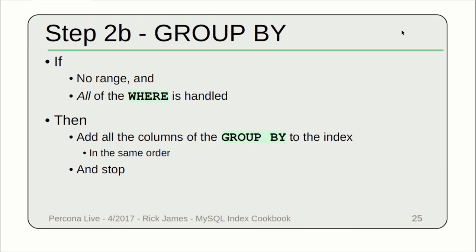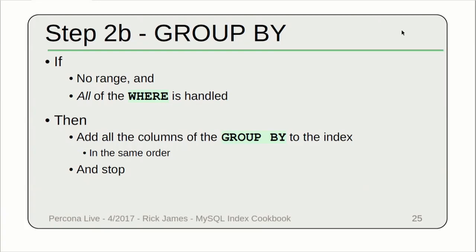If instead you don't have a range in the where clause, but you do have a group by, notice there's this extra qualification: you've done everything in the where. There are no ors, nothing other than what can be done with equal and.